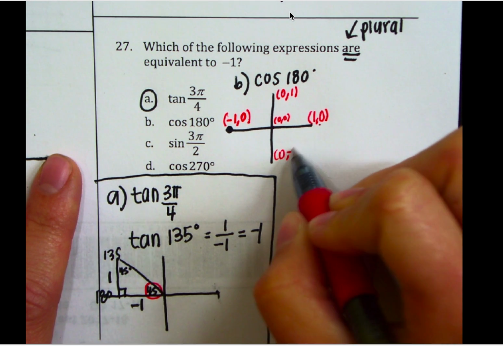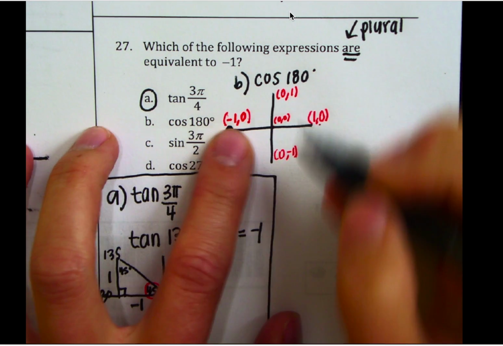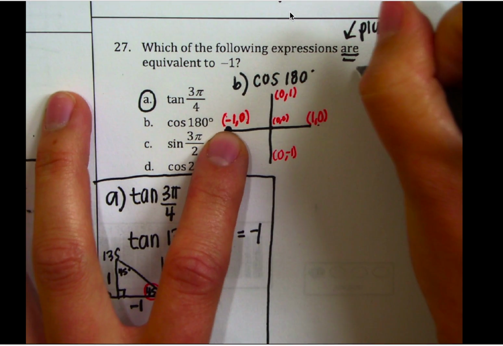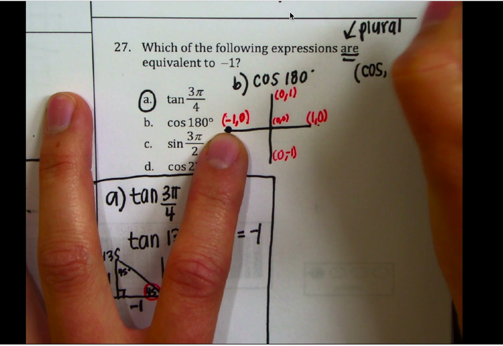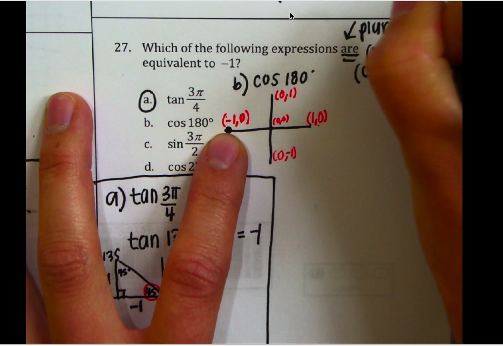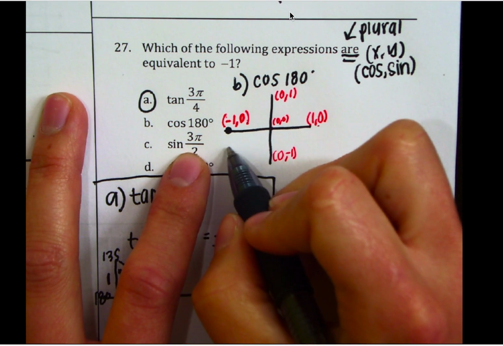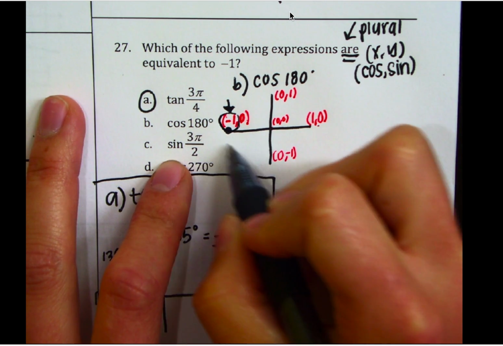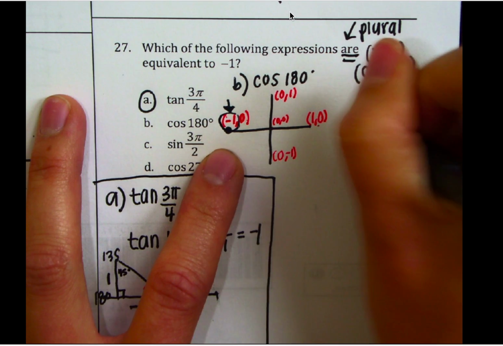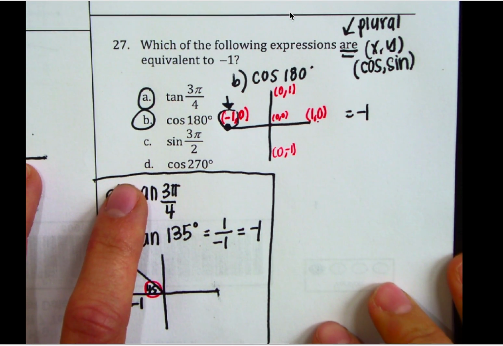I'll just do this one as well. So 180 degrees is going to be here. We need to remember that our x is always cosine and the y is always sine. So if I'm looking for cosine, I want my x value. So my answer is negative 1. So part B, my answer is negative 1 as well.